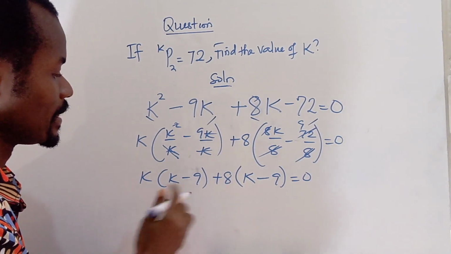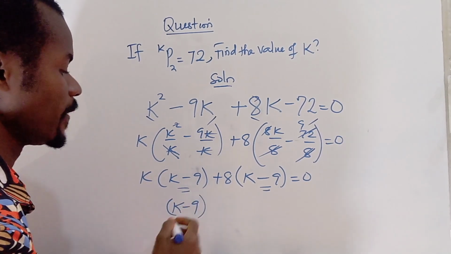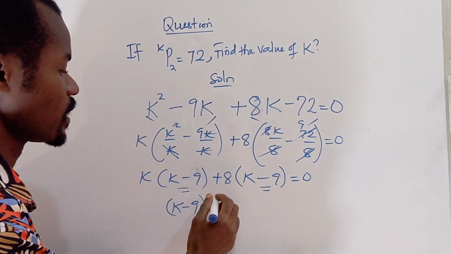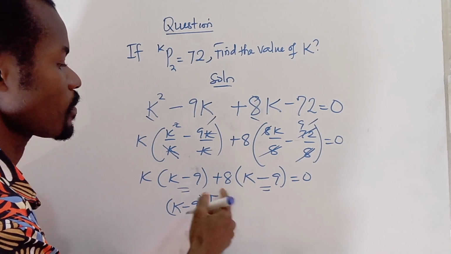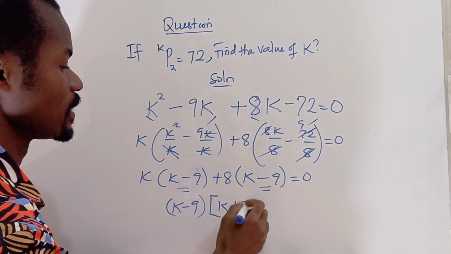Now, let's factor this again. This is common, so we have k minus 9 out here. If we divide all this by k minus 9, we'll be left with k, and if we divide the other by k minus 9, we'll be left with plus 8.